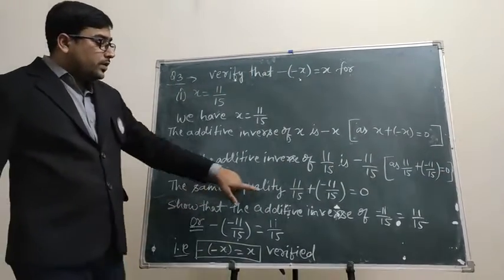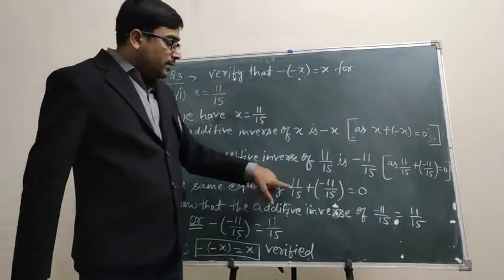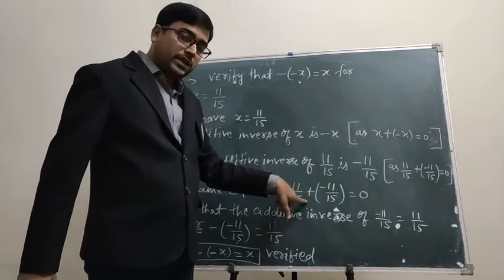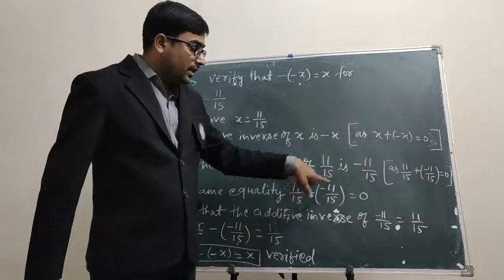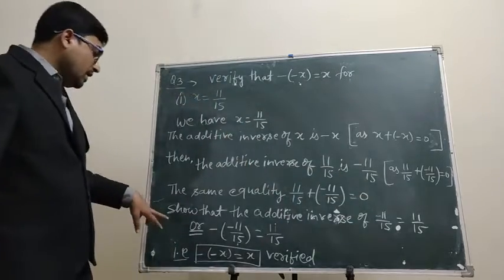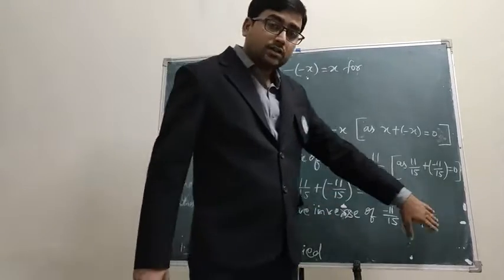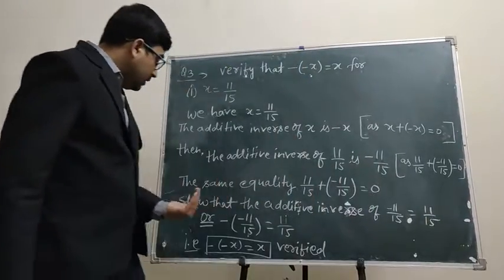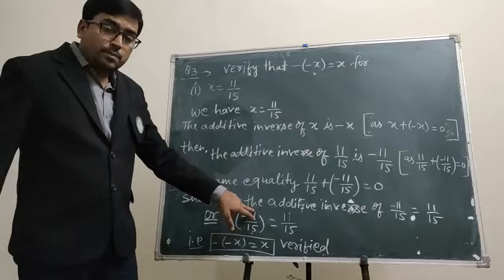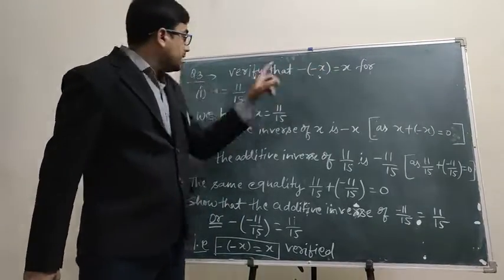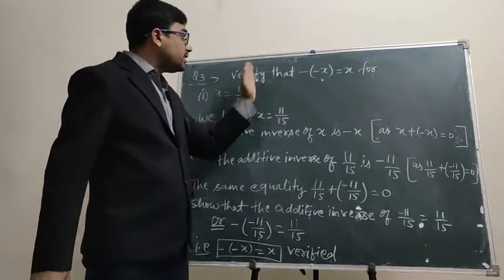The same equality: 11 by 15 plus minus, you have to open the bracket, plus minus becomes minus. 11 by 15 minus 11 by 15 gives 0. So the additive inverse of minus 11 by 15 is also 11 by 15, or minus of minus 11 by 15. Because here it is minus of minus x, you have to put the value of x here.